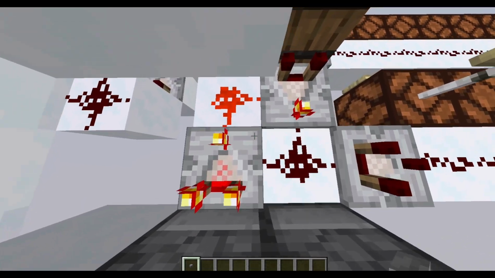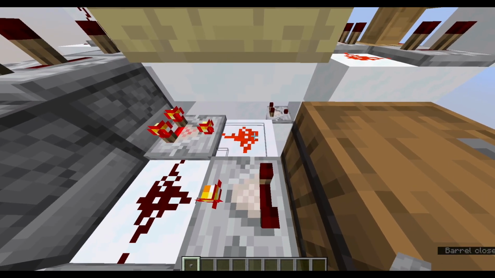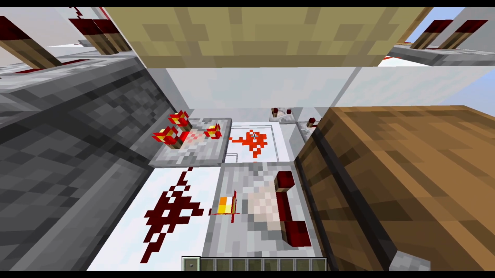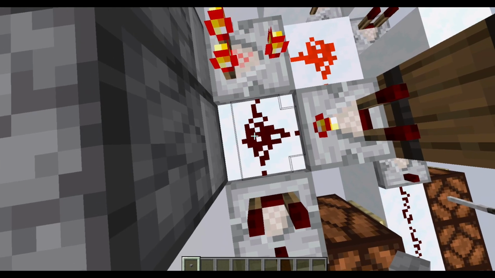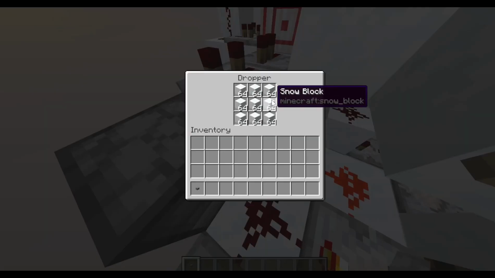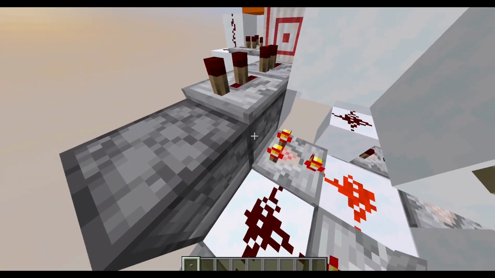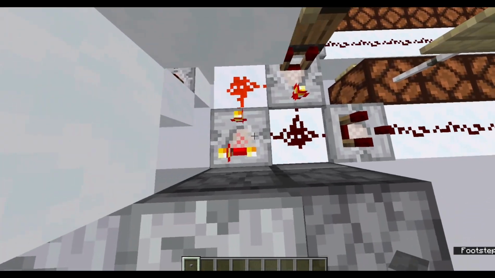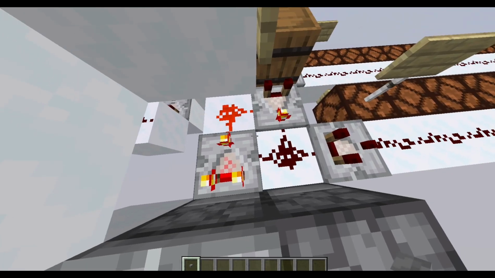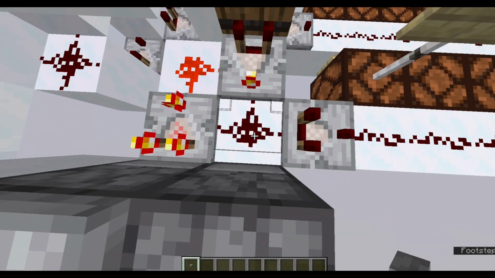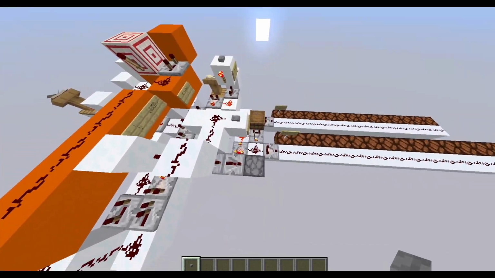What that does for this comparator with a signal strength of 15 is it does 15 minus 14, and it puts a signal strength 1 here. Once this resets back to 15, because it's like a little pulse thing, now it does 15 minus 1, and that basically decrements it.